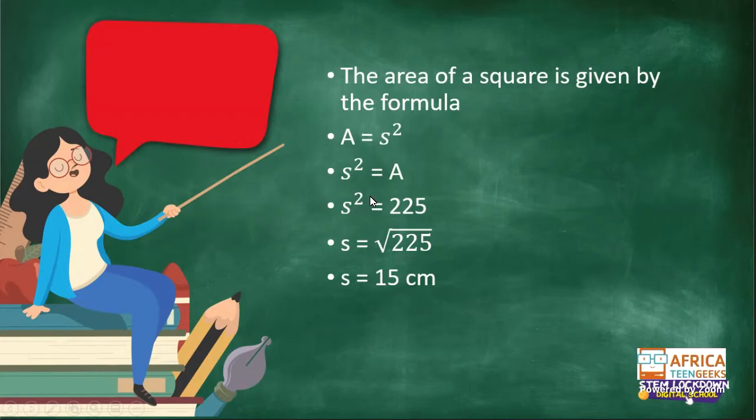S squared will be, we know that the area is 225, and then you substitute 225. And thereafter, in order to get S, you need to now introduce the square root. Remember the square root both sides. The square root of S squared is S, and the square root of 225 is 15. Therefore, you have one side there, which is 15. And if you multiply that by 4, you definitely get the perimeter, right?